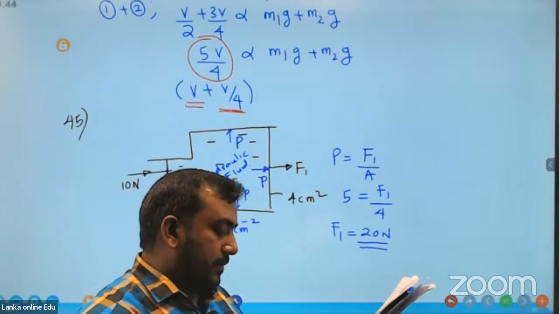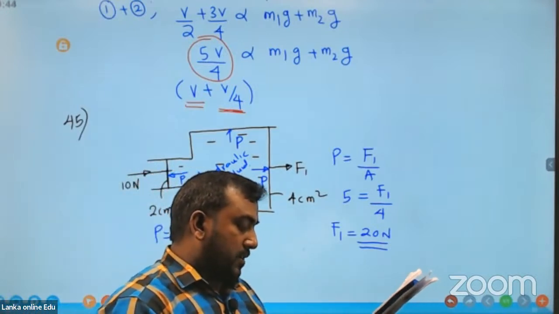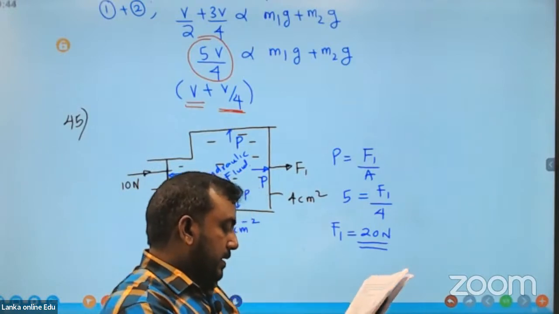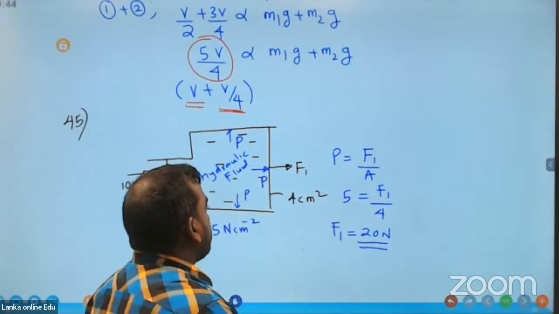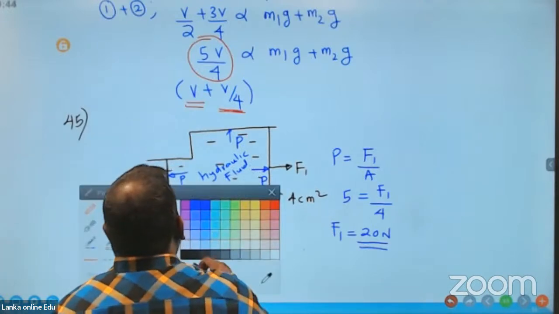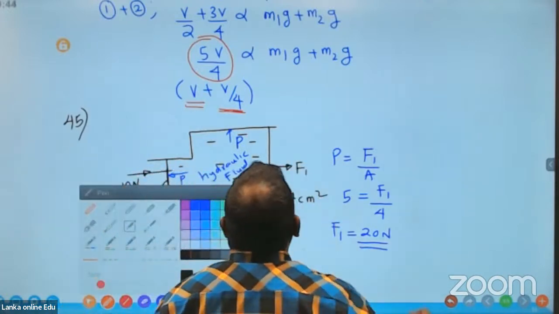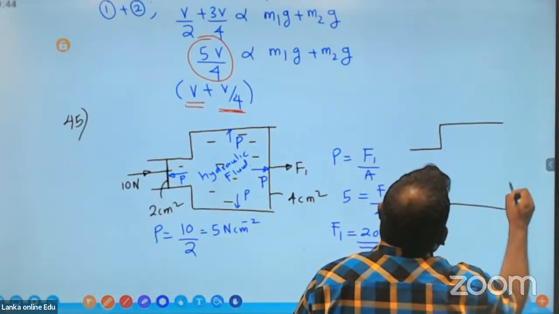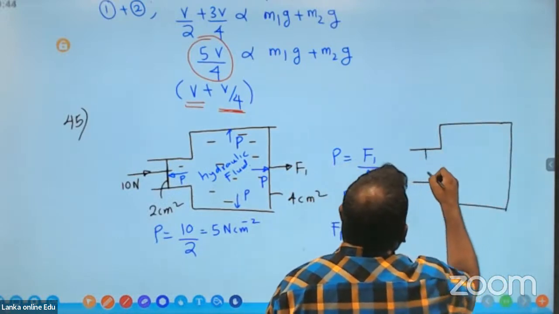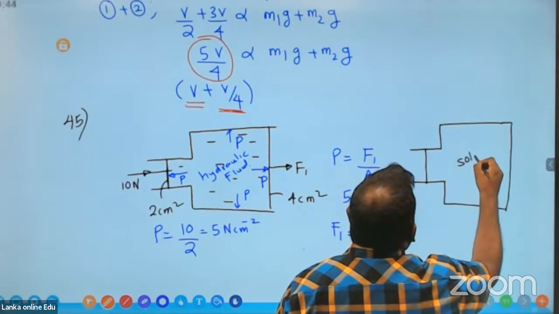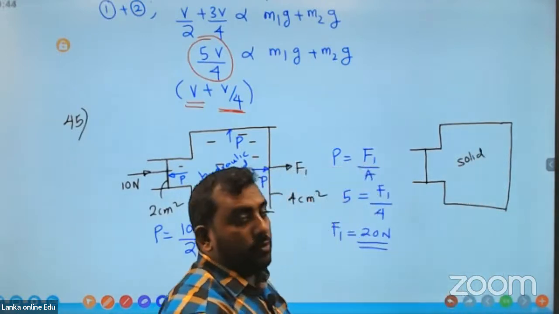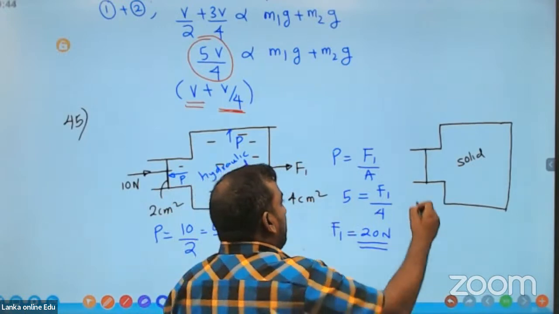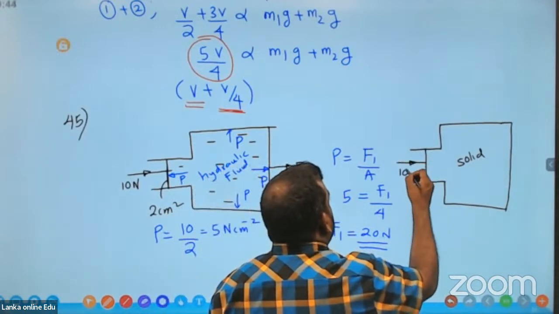Now what are they saying? When the temperature of the surrounding is decreased, it becomes a solid inside. Now look. Here we are applying a 10 Newton force. Now let's not talk about pressure.